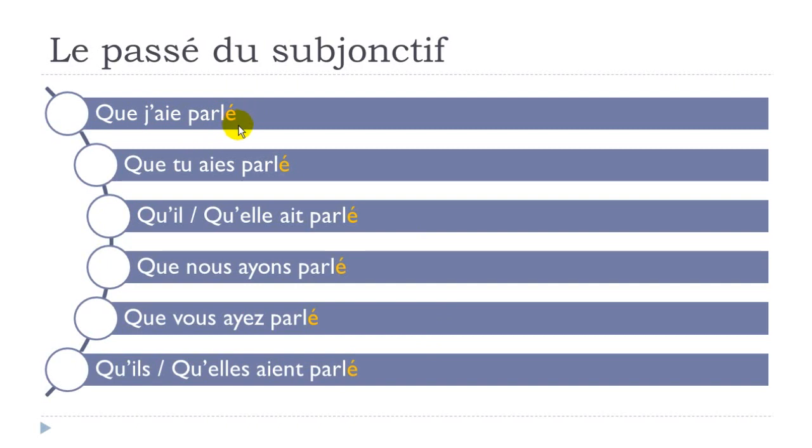So even if, like here, the subject is feminine, nothing comes after. Okay, so que j'aie parlé, que tu aies parlé, qu'il ait parlé, qu'elle ait parlé, que nous ayons parlé, que vous ayez parlé, qu'ils aient parlé, qu'elles aient parlé. All right, so that's the passé du subjonctif for the verb parler, to speak or to talk.